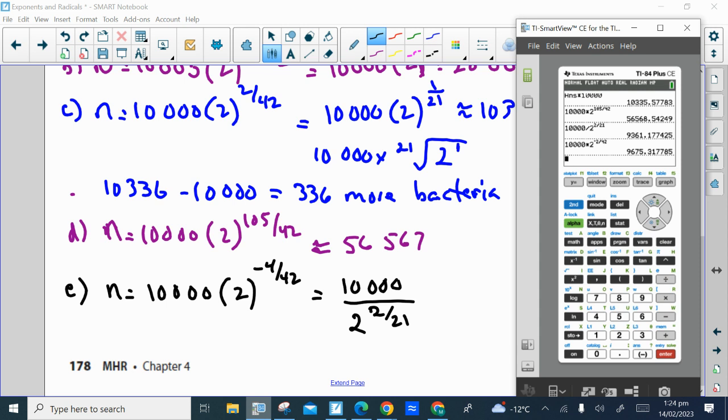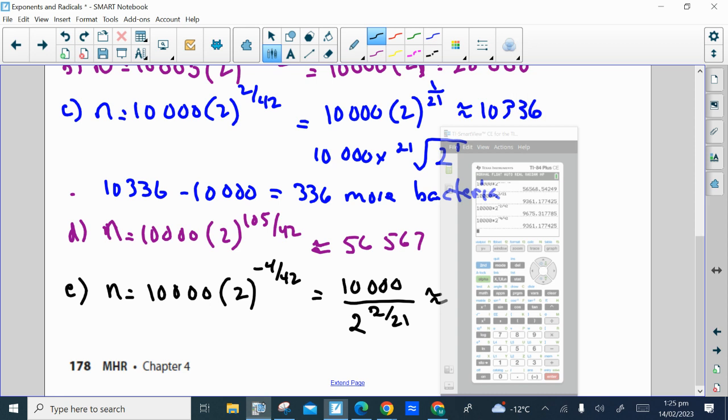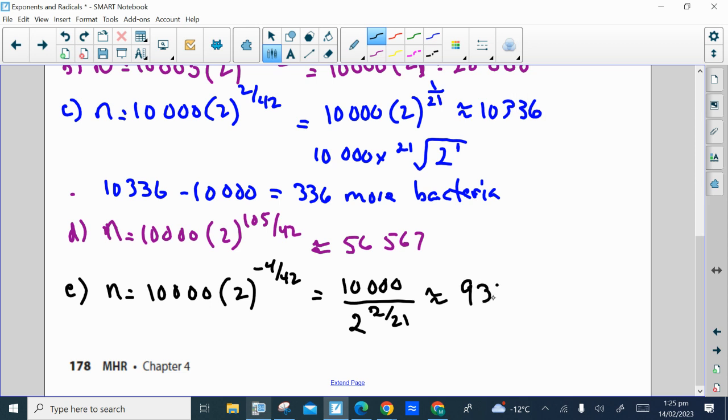What did I do wrong here? Oh, negative, it should have been negative 4. Is that what you meant? Yeah, thank you. Should have been negative 4 over 42. There we go. Now we got the right answer. 9361. Yep, 9361.